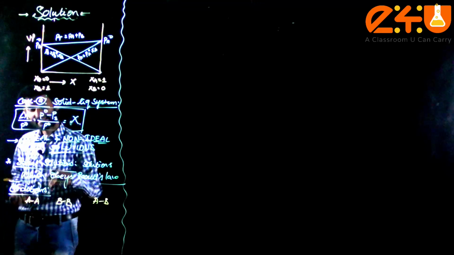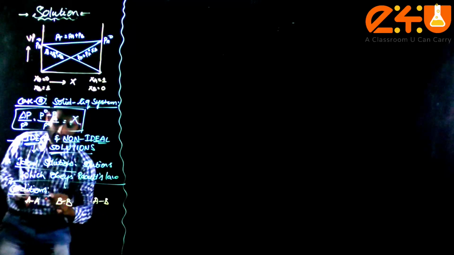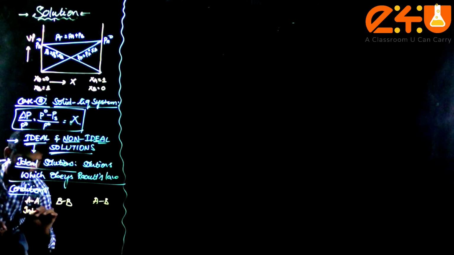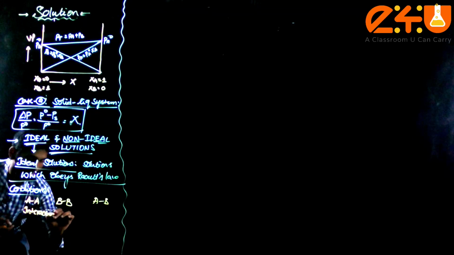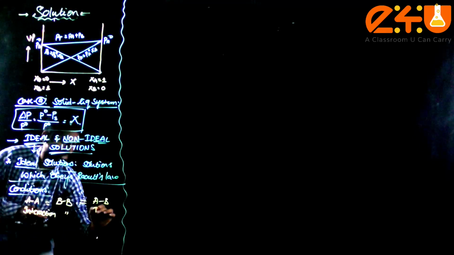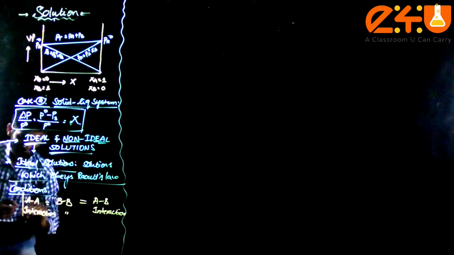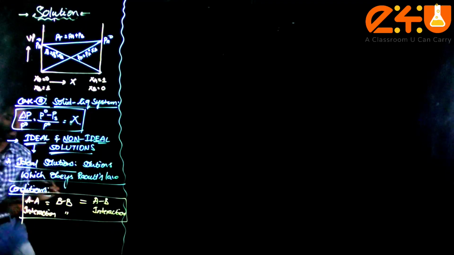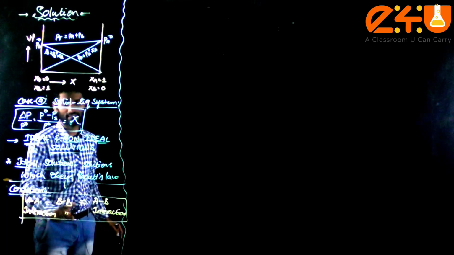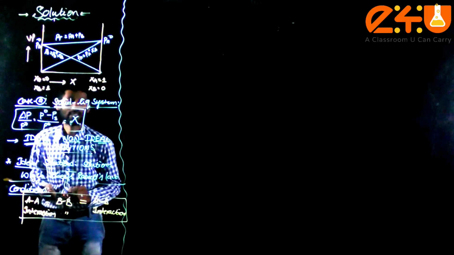In the case of ideal solutions, the AA interaction is equal to the BB interaction is equal to the AB interaction. This is very, very important. This is the first condition.